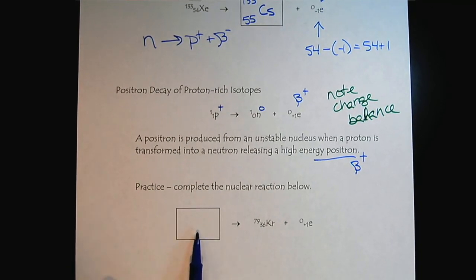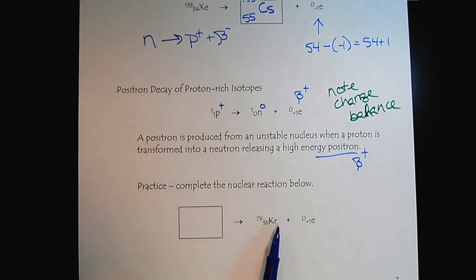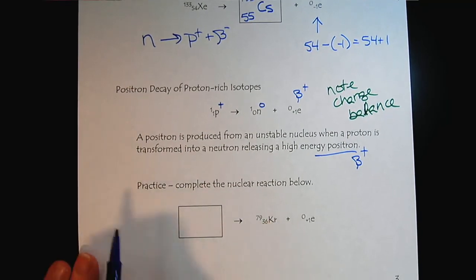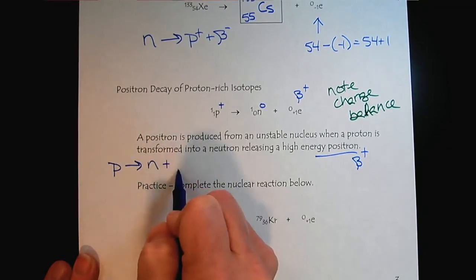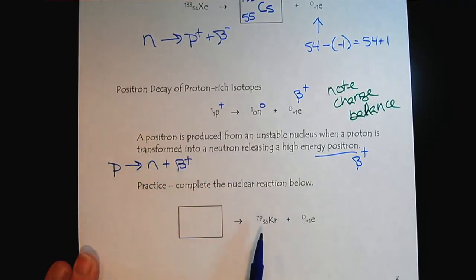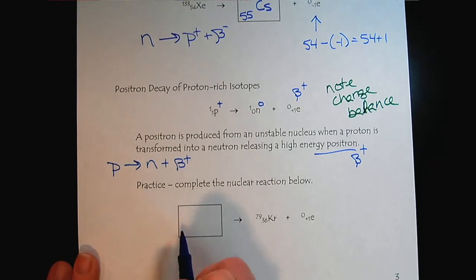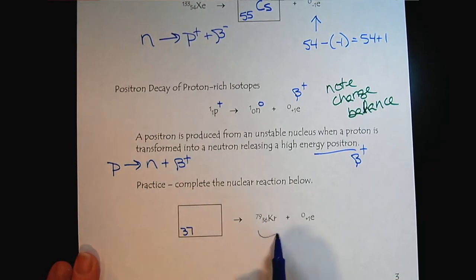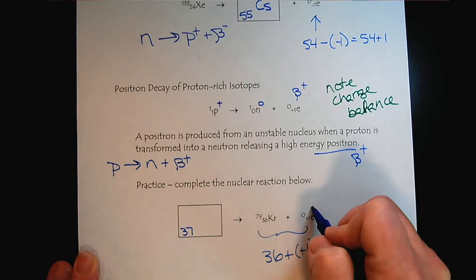Alrighty, so now we'll try one here. What was the parent that produced this daughter? For me it helps to go, okay, the proton became a neutron plus a positron. So if I look here, this lost a proton, so this would be 37. Or we could simply say 36 plus 1 is 37.